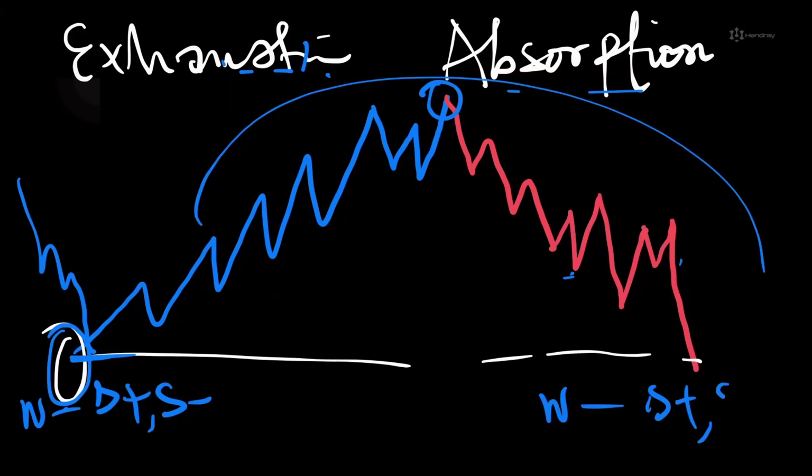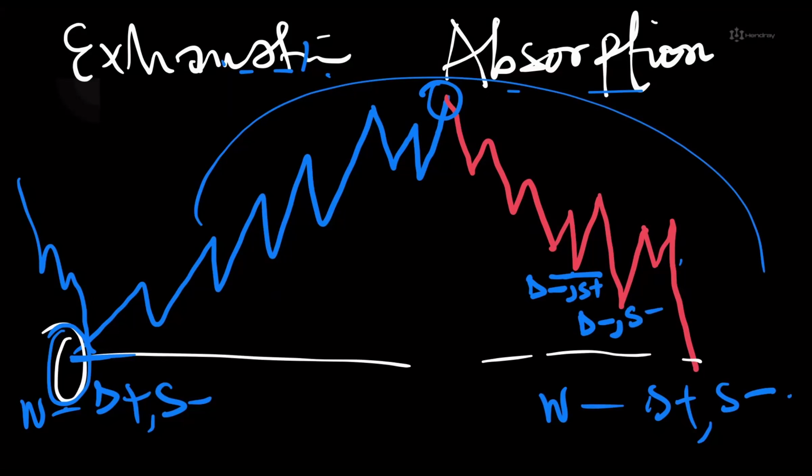Let me even write still S minus. So let's say here we have D minus, all right? So D minus S plus. And here we now have D minus, maybe S minus.